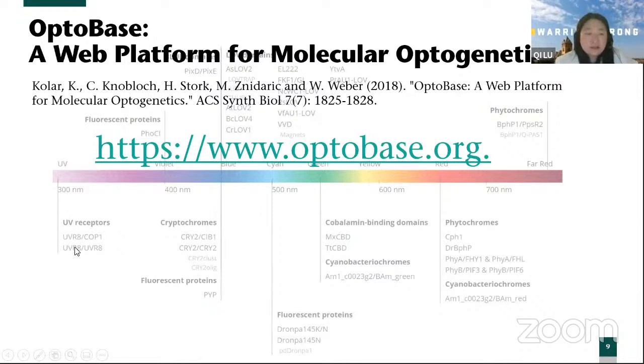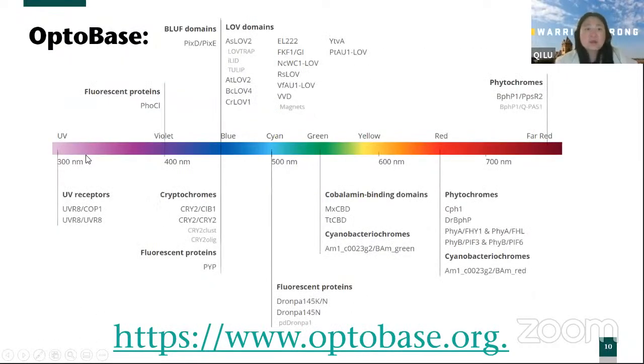We can go on to see the response light wavelengths, and also labeled with how they respond, say LOV, and the origin, like phytochromes, and it's all included here.